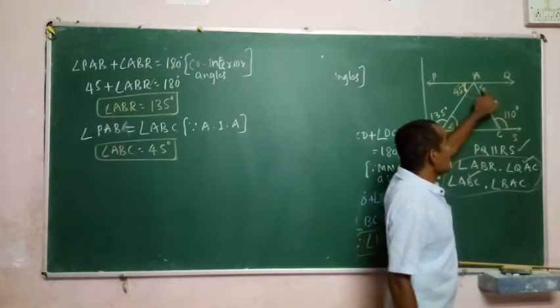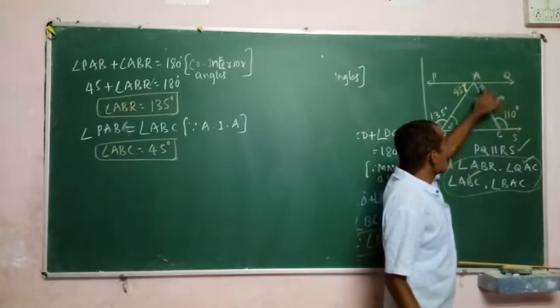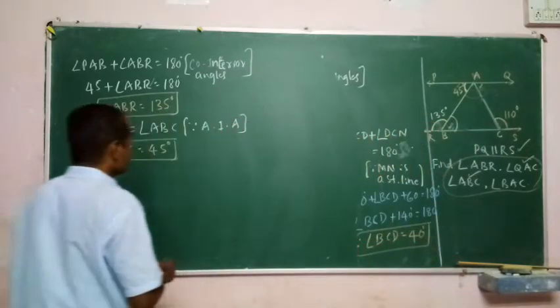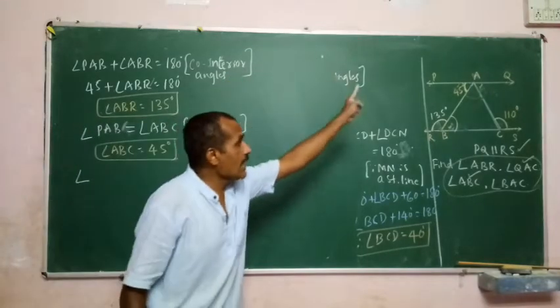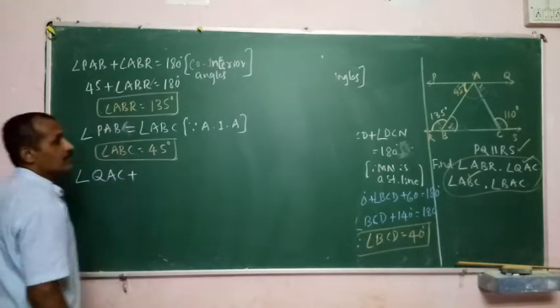QAC, my dear children, this has to be found. Very simple. The sum of these two is equal to 180 because of the co-interior angles. Angle QAC plus angle ACS is equal to 180, because of co-interior angles.